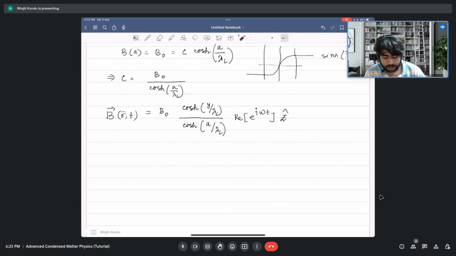We'll understand this solution in detail, but before that, let's see what the current distribution in this slab is. Similarly, we'll calculate the current by calculating the curl. Let's write this out.